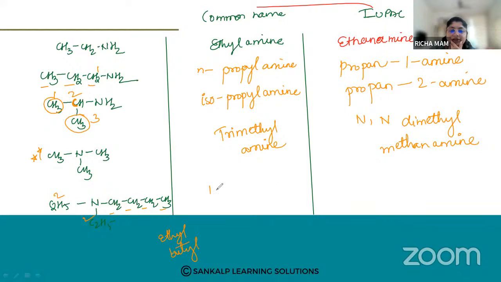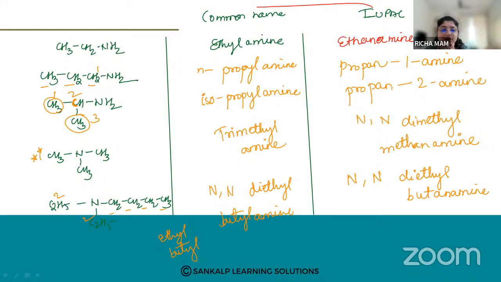So you have N,N-diethylbutylamine. The IUPAC name is the same: N,N-diethylbutanamine.